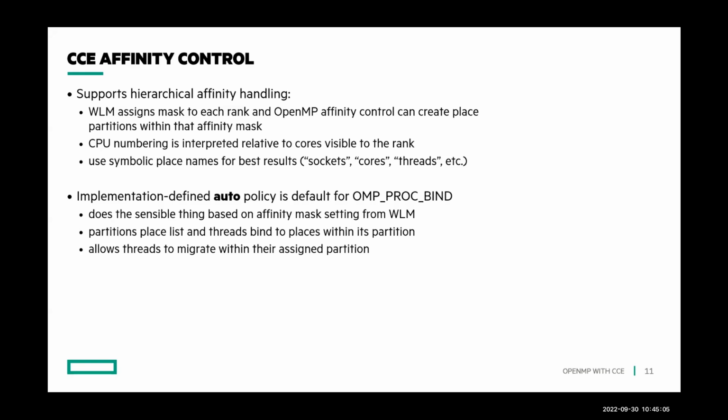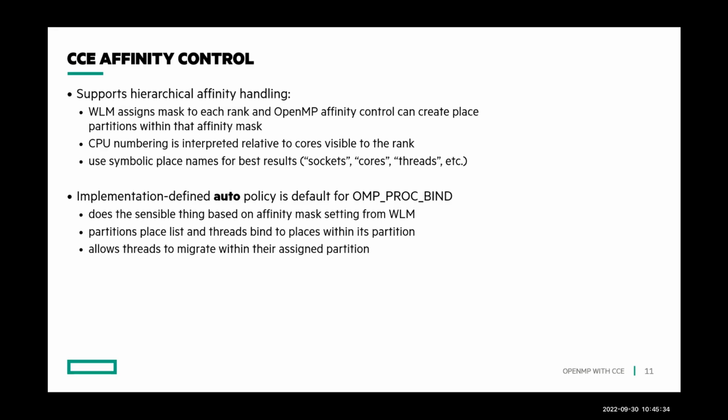Because of those differences, we generally would recommend using the symbolic place names for places like sockets, cores, threads, etc. That's available in OpenMP. In terms of a default procbind policy, I think this might have come up yesterday, actually. So we have a policy that we call auto, which isn't exactly one of the policies defined in the specification. It's what we think is generally the sensible thing to do based on the affinity mask setting from the workload manager. It'll partition the place list, and threads will bind to places within the partition.